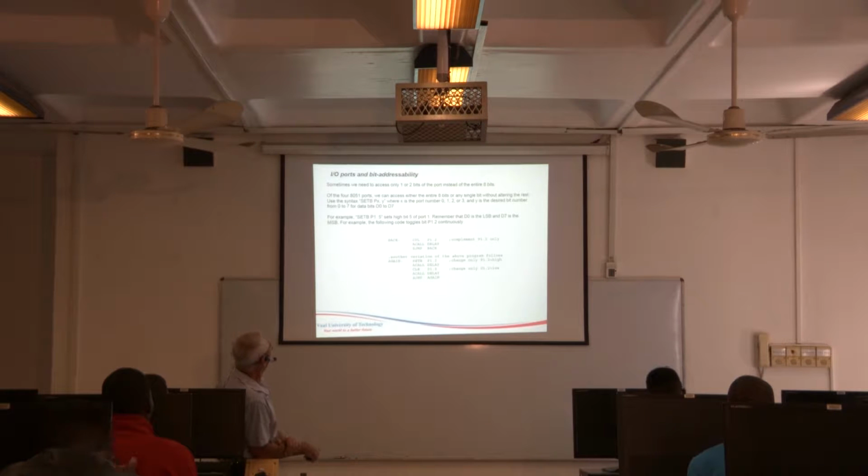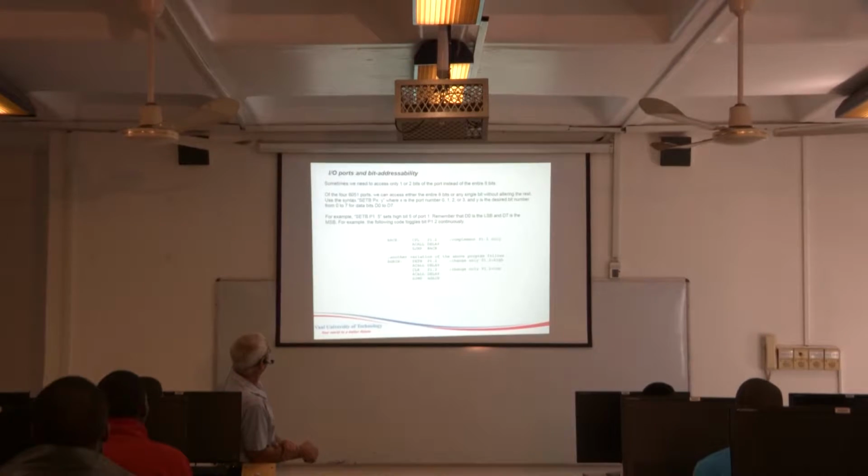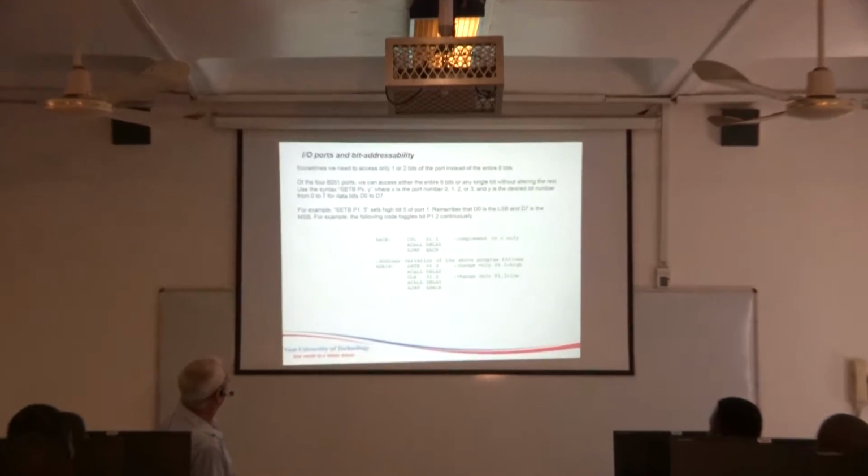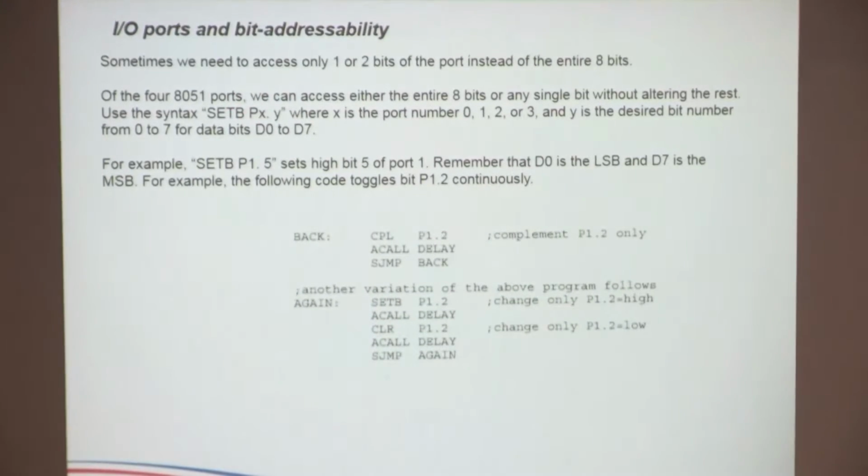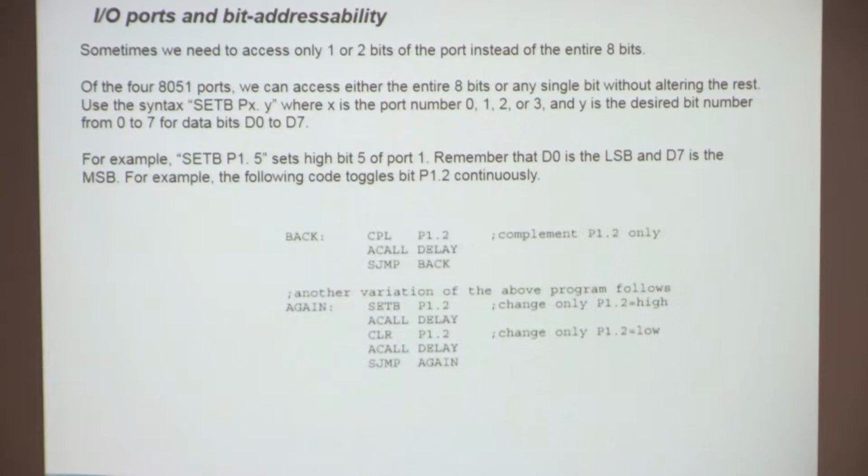Now, of the 4 8-bit ports, we can access either 8 bits or single bits, as I said, and there's an instruction that does the bit addressing on the port. So obviously we can say SETB, which stands for set bit, and then P is the port we're talking to, and then X is which port, because we know the 8051 has got 4 ports. Now we're going to mention which port I want to talk to.